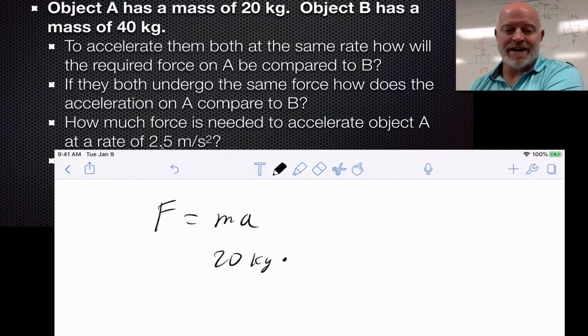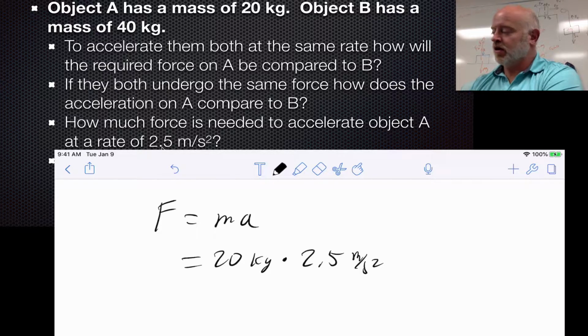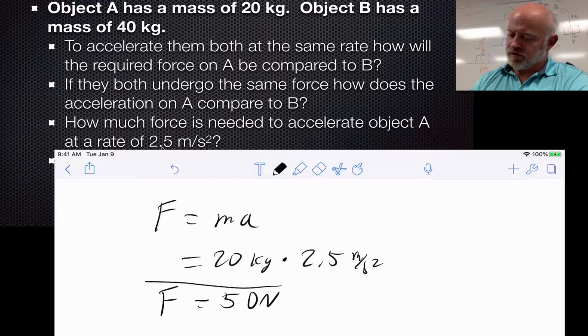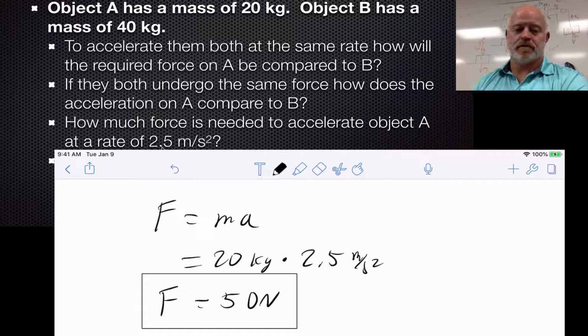We'll take that times a rate of 2.5 meters per second squared, and then we're going to get our force here. So 20 times 2.5, if you can do that one in your head, 50. So the force we need here is 50 newtons of force in this case.